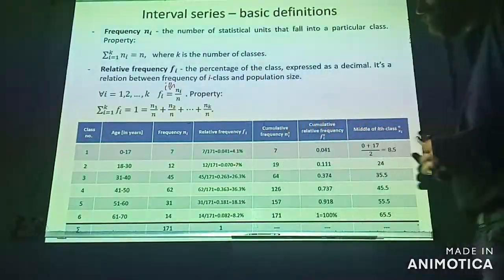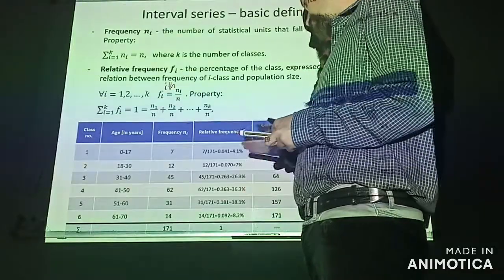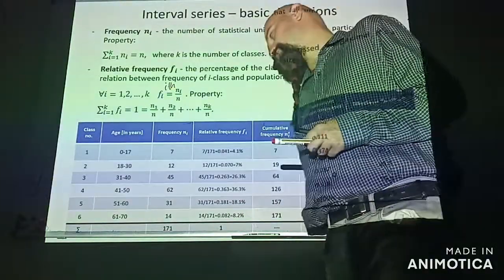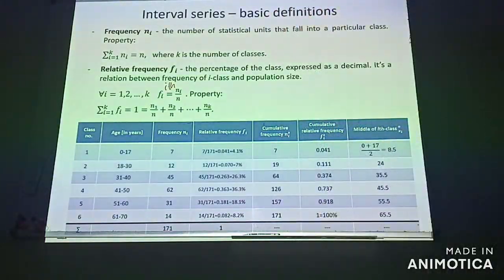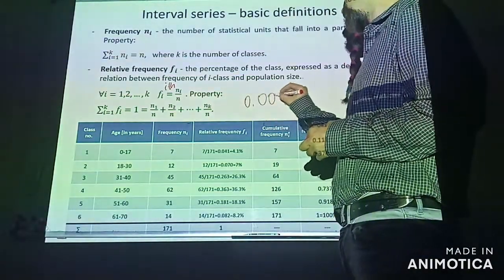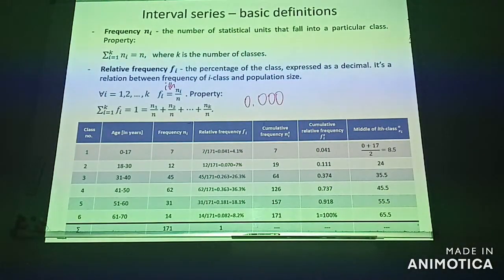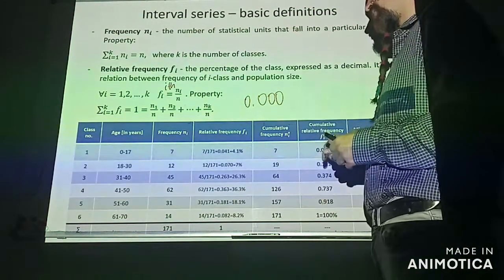Of course, the sum of all relative frequencies gives us 1 or 100%. We can assume that in our class we will use decimals with an accuracy of 3 places after the dot.